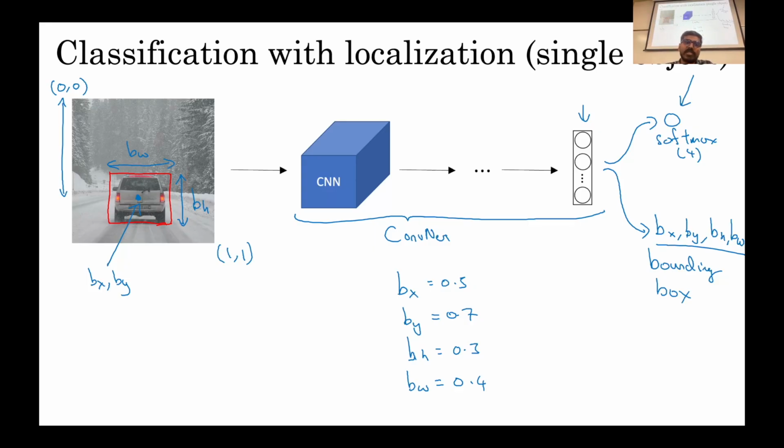You can change the BW and BH, and accordingly it will adjust. It is going to be axis aligned; you cannot use a rotated bounding box here. Because it is a square or rectangle, you are able to identify it with 4 numbers.